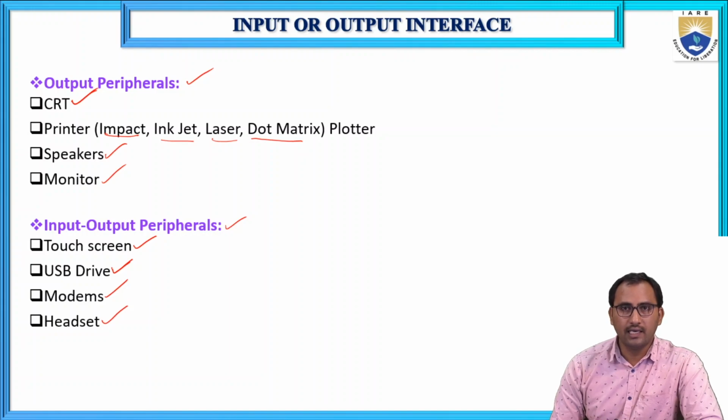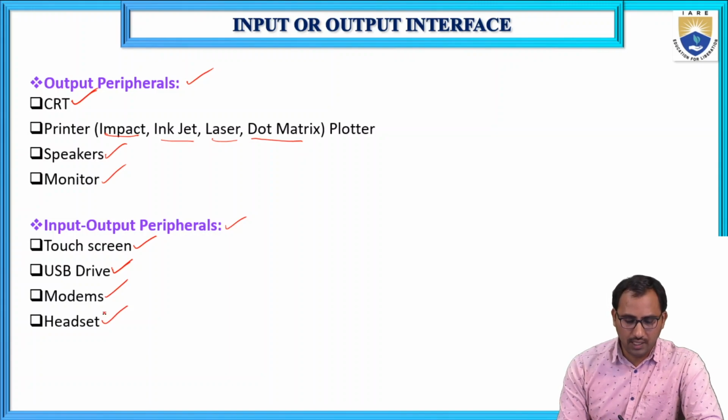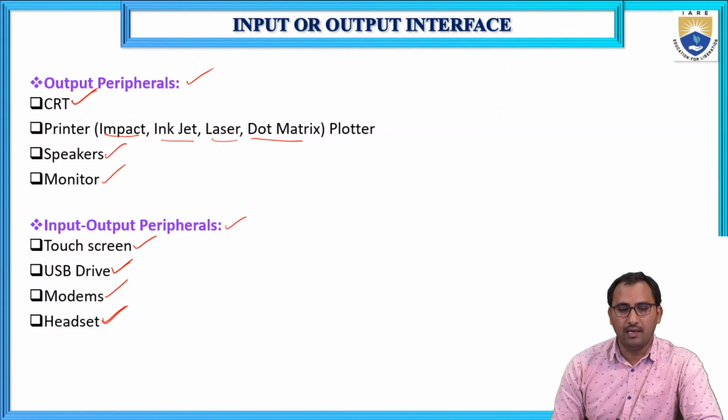A headset consists of a microphone as well as a speaker. The microphone acts as the input device, and the speaker acts as the output device. So that's why the headset can be considered an input-output peripheral. So these are the different types of input, output, and input-output peripherals.